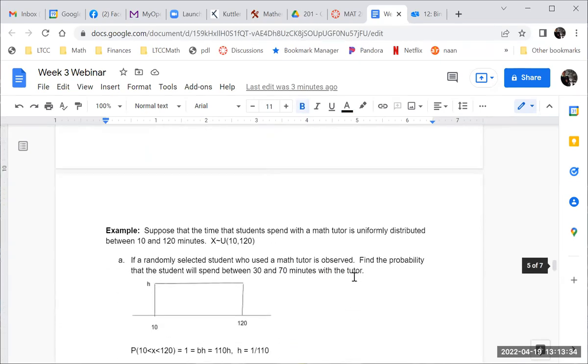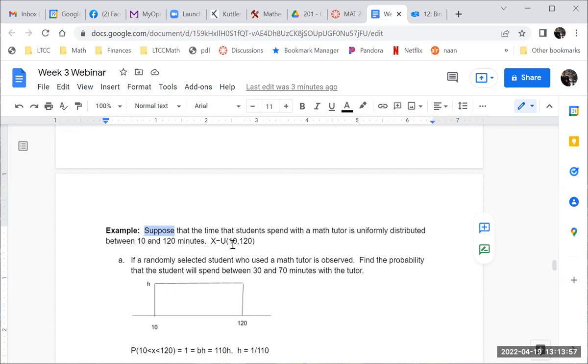All right, so here's an example. Suppose that the time that students spend with a math tutor is uniformly distributed between 10 and 120 minutes. By the way, remember what it means if I say suppose? It didn't actually happen. Yeah, it means I totally made it up.